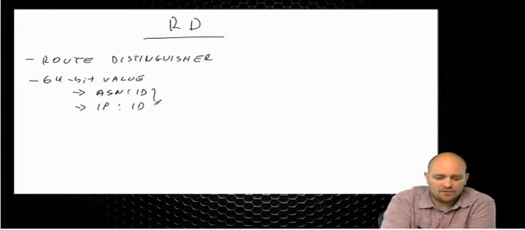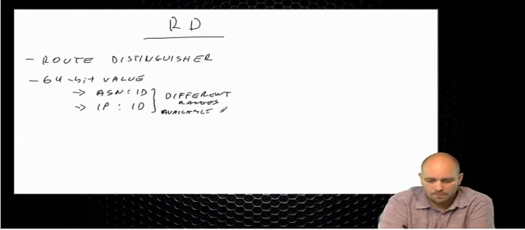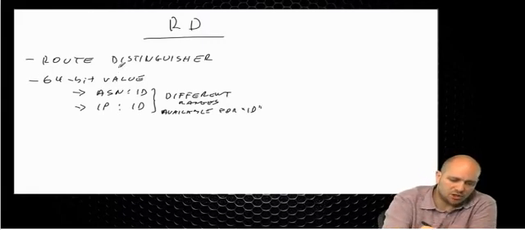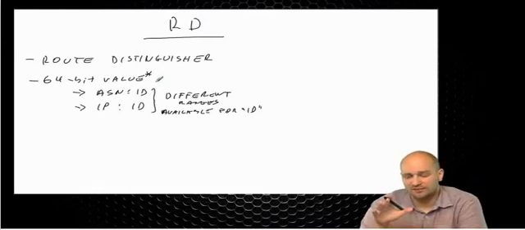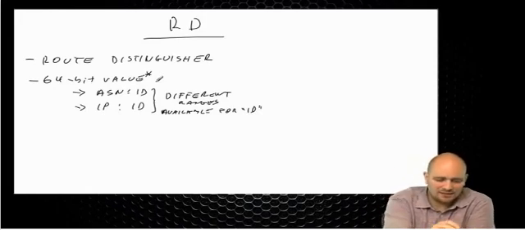Depending on which format you use, you may have different ranges available for the ID part. I should also put this here with an asterisk, because you can't use all 64 bits, because there are other bits that are part of this route distinguisher, but still, this is the theory here.